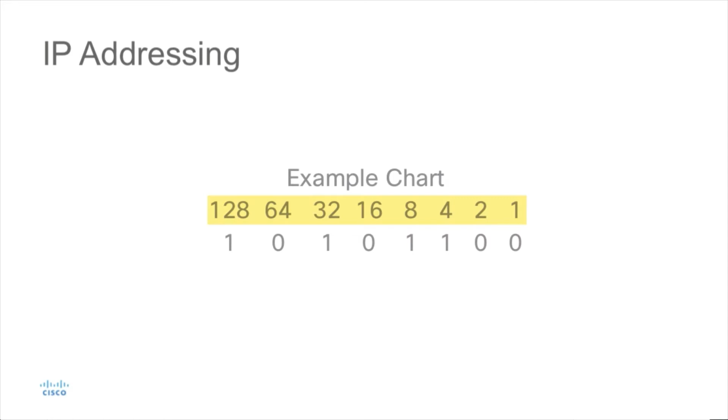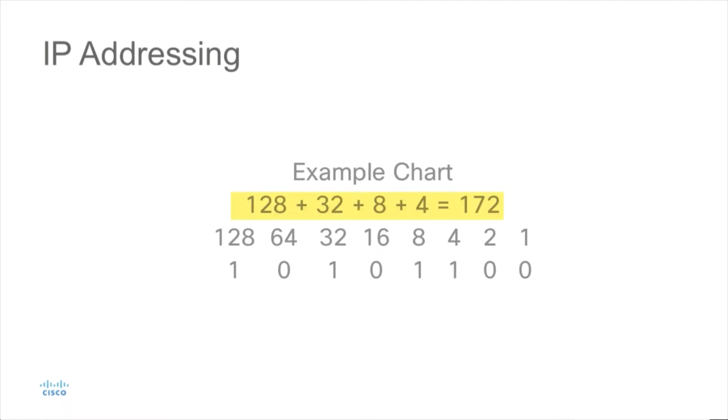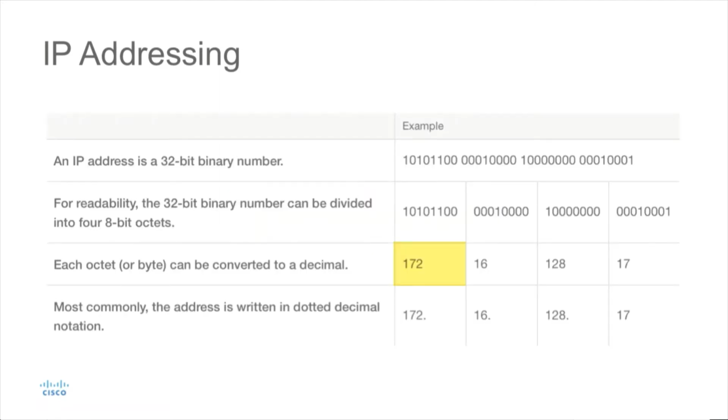If we take that first octet, which has a value of 1, 0, 1, 0, 1, 1, 0, 0, and we add up the place value in each location where the binary value is set to 1, we would be adding 128 plus 32 plus 8 plus 4, and that value in turn would give us the decimal number of 172.